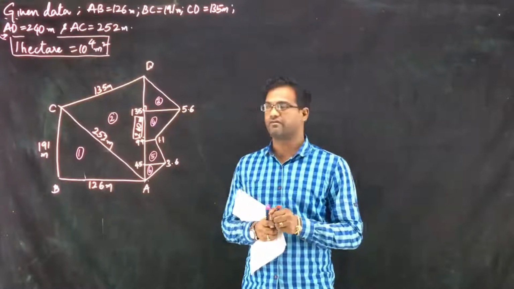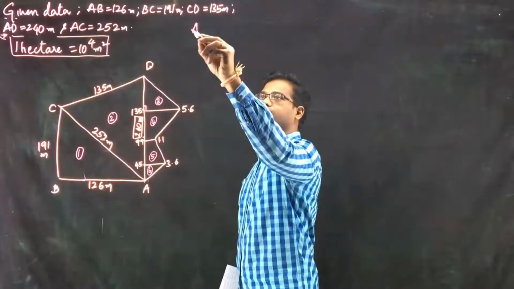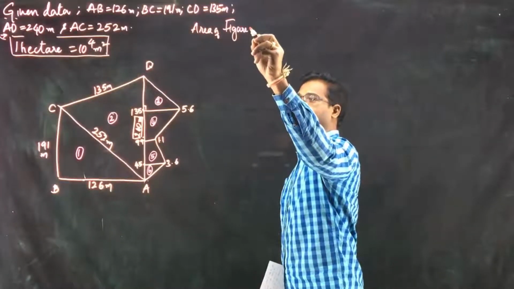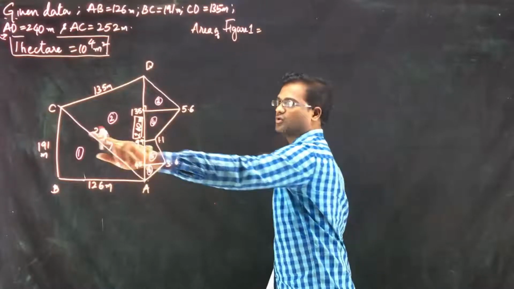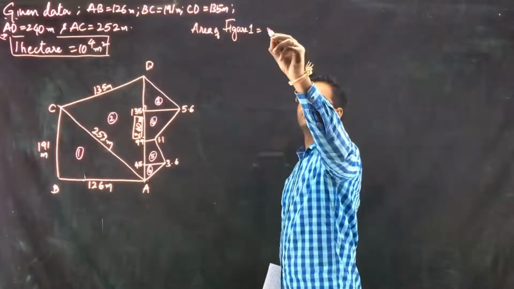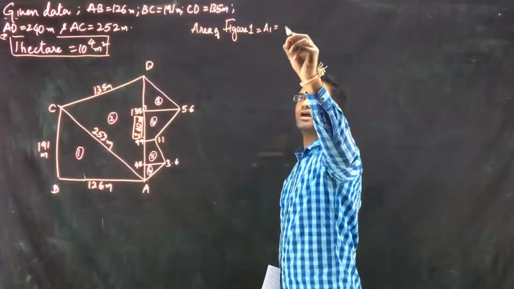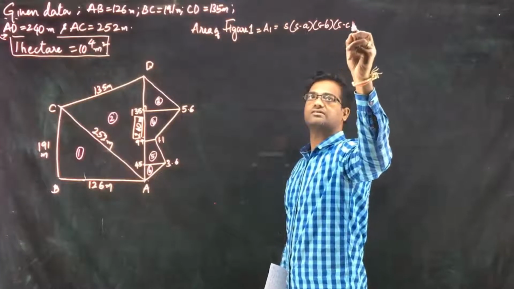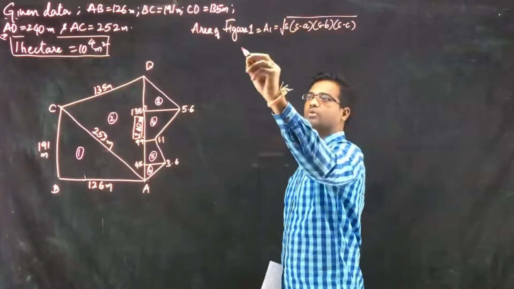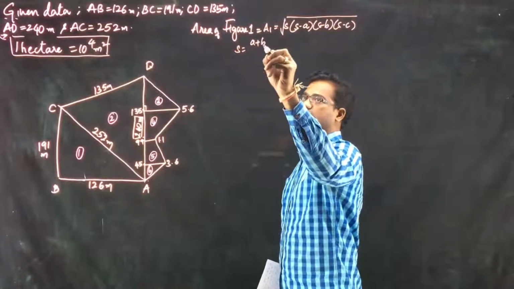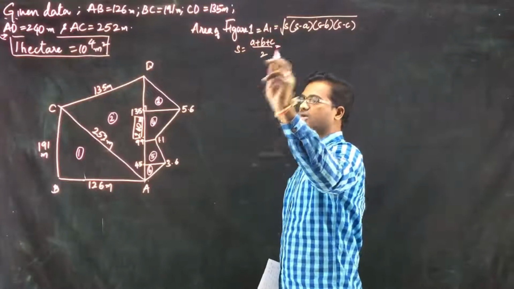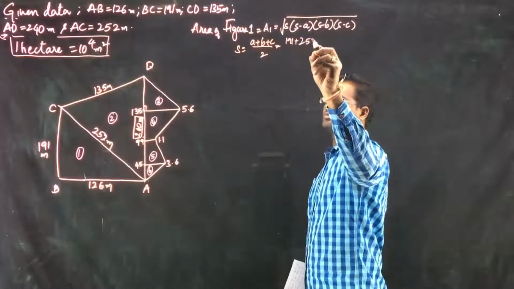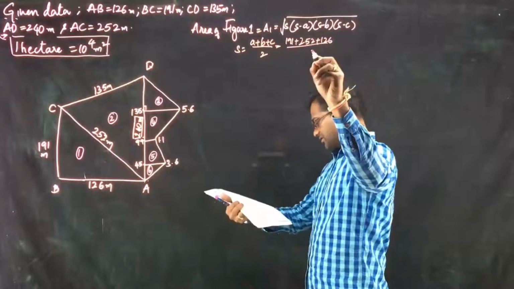Area of figure 1: it is a triangle and we know 3 sides of it. We have discussed, we can substitute the area as the square root of S into S minus A into S minus B into S minus C, where S is A plus B plus C by 2, where A, B, C values are 191 plus 252 plus 146 by 2.